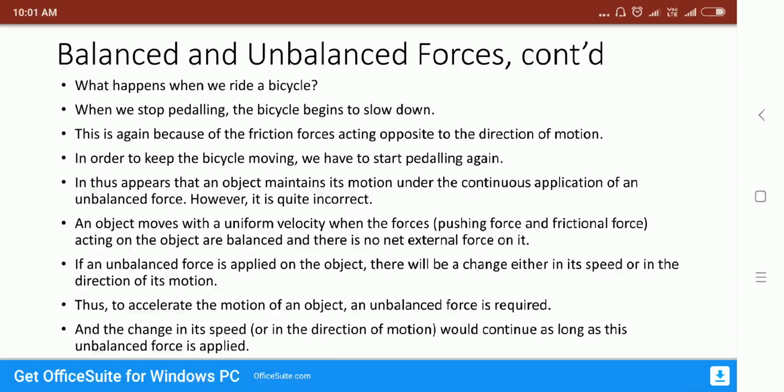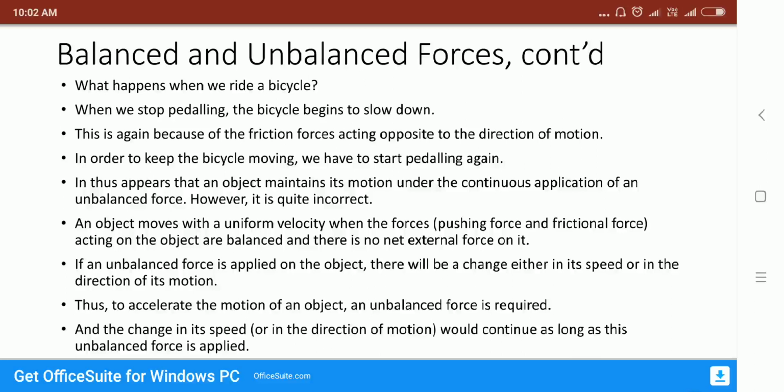So we can say that the initial velocity is, for example, u, and if we are providing unbalanced force, then the velocity of the object is changing, so velocity is varying with respect to time, so we can say that acceleration of the object is available while the unbalanced force is applied.